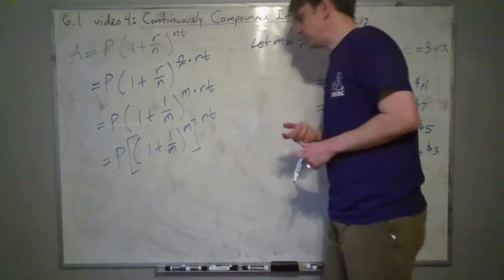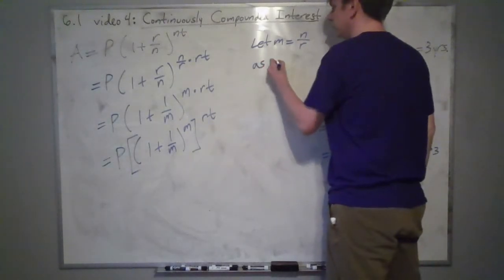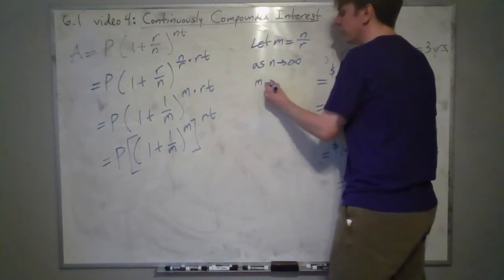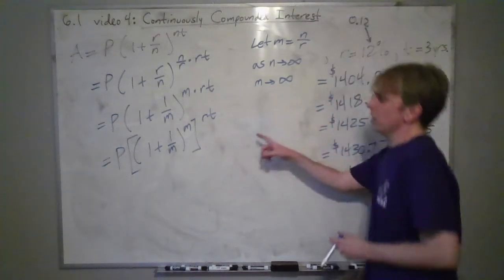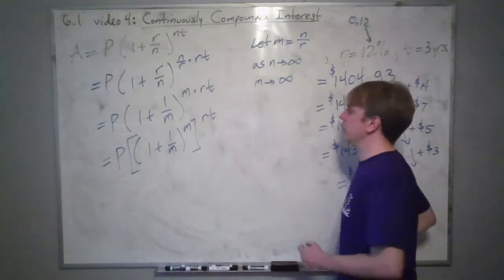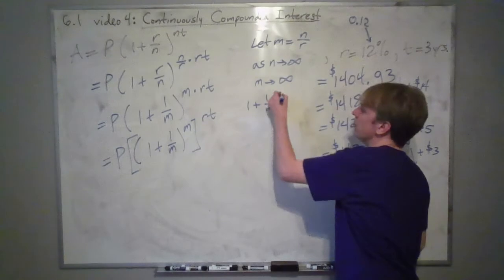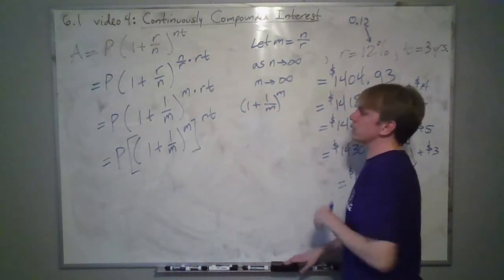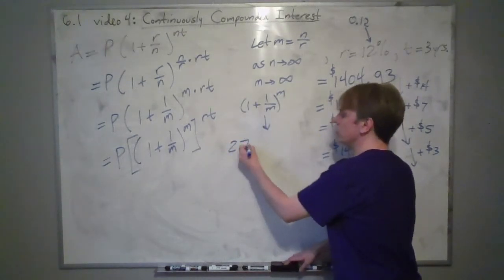And so what happens is when n gets bigger and bigger and bigger, since m is n over a constant, m is going to do the same thing. And as m goes to infinity, this thing in the brackets, that's the dueling battle of the 1 to the infinity power that I mentioned, 1 plus 1 over m to the m power, as m gets bigger and bigger, is actually going to approach a particular constant.